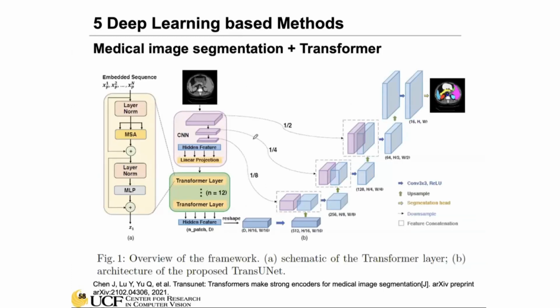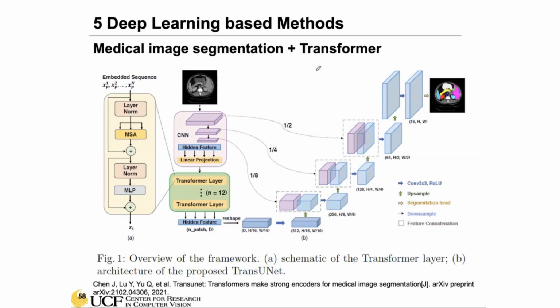Since we have realized the attention mechanism is very effective for medical image segmentation, weighting different pixels or regions so that important regions can be highlighted and the prediction can be more accurate, along this line we can consider using the transformer.